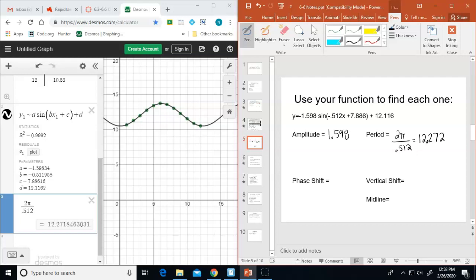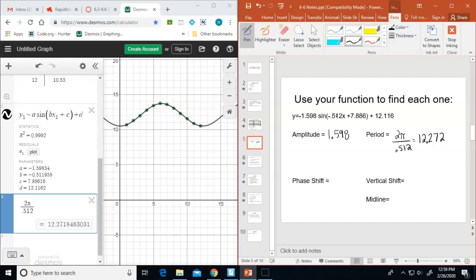Okay, right there. Our phase shift is 7.886 over the 0.512. Oh, I think we need to pay attention to the negative this time, because phase shift can definitely be negative.